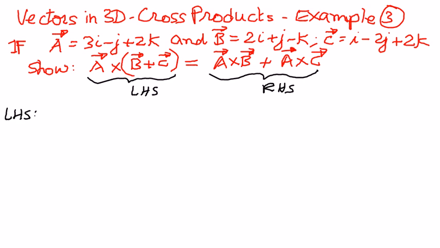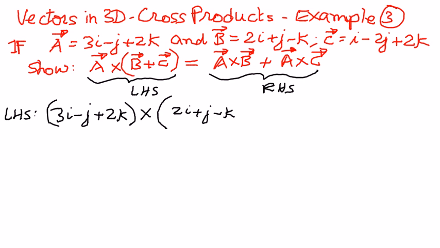In here, the way we want to write this out is as follows. Vector A is given to us as 3i minus j plus 2k, right? And then this is cross, and inside the parentheses we have vector B, which is 2i plus j minus k, and then vector C is plus i minus 2j plus 2k, isn't it?